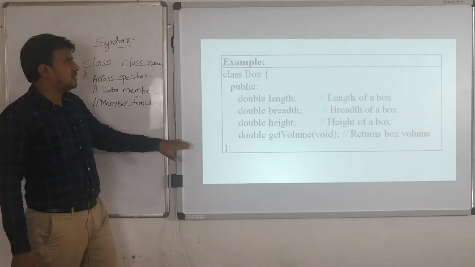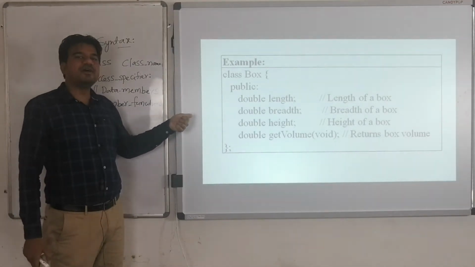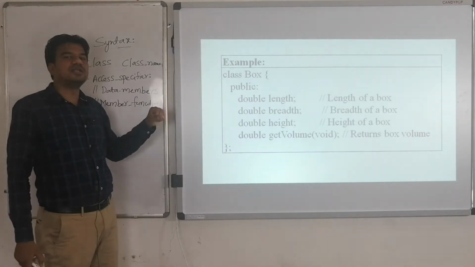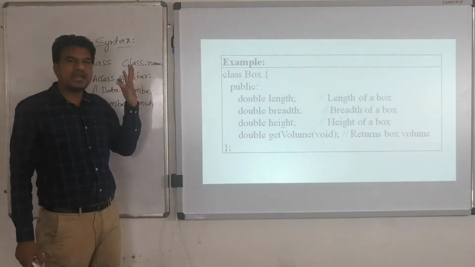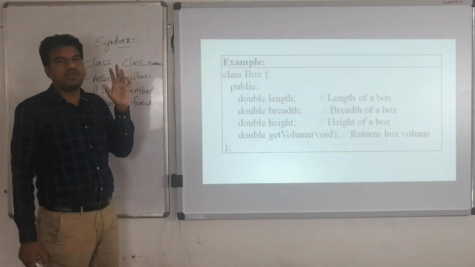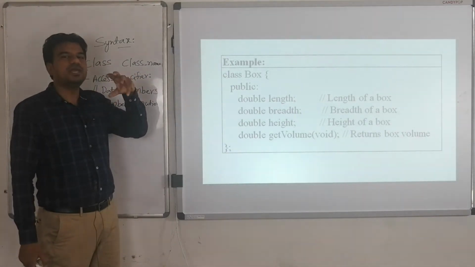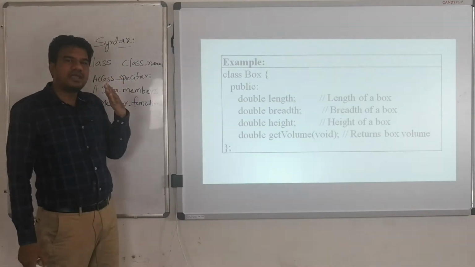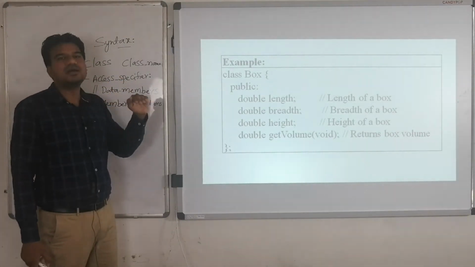As you can see here, it is a simple example of a class definition. I am taking the real-time entity box, any random box. Definitely it is going to have some dimensions. When we say a box, it will be like a cube, isn't it? So it is going to have height, width as well as breadth.